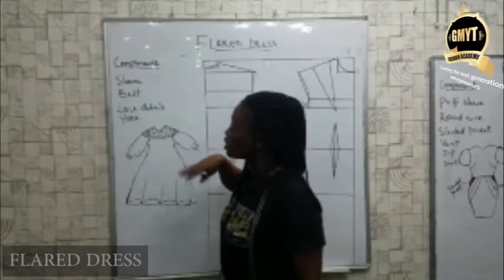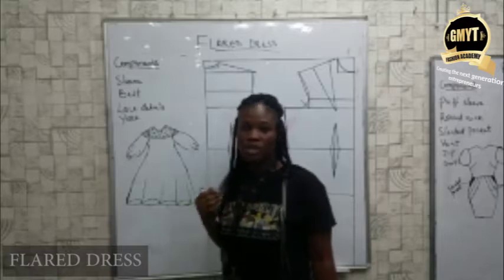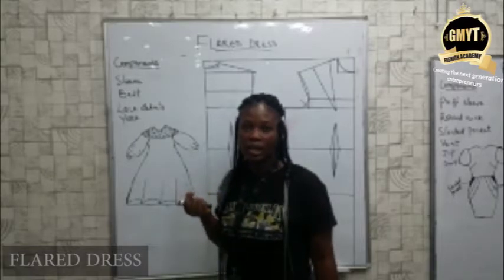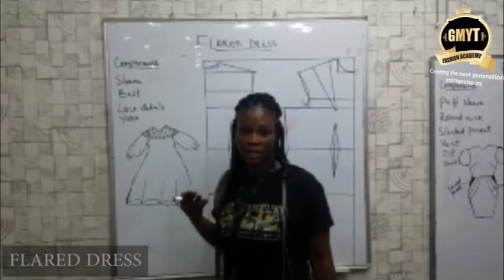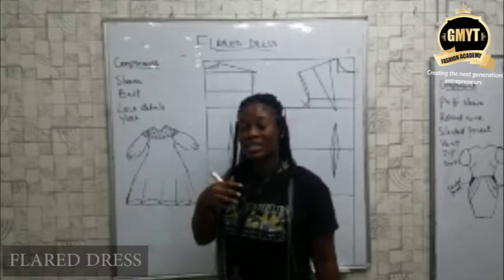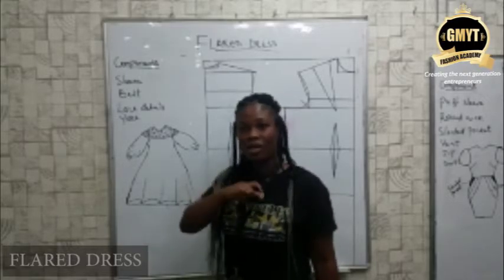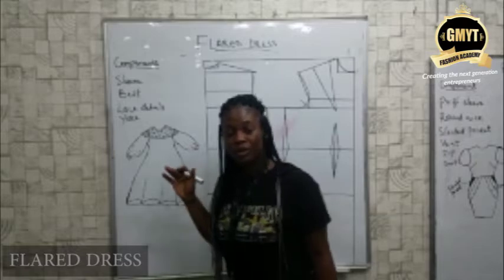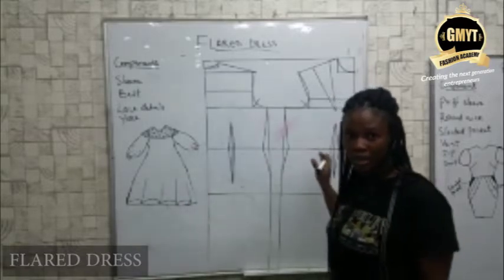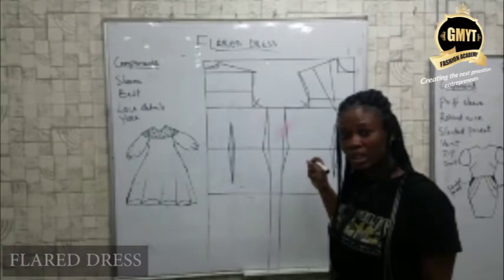So what is a yoke? A yoke is like a style line that you cut out of your main pattern in order to twist the design.